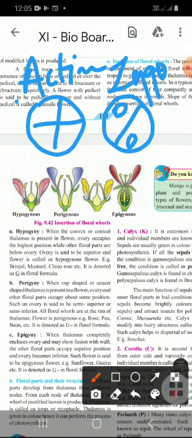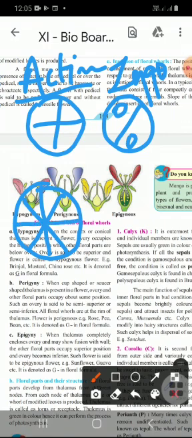So what does actinomorphic say? That if you divide a flower from any direction, but the division passes through the radius, then you can get two equal-size or symmetrical sets.